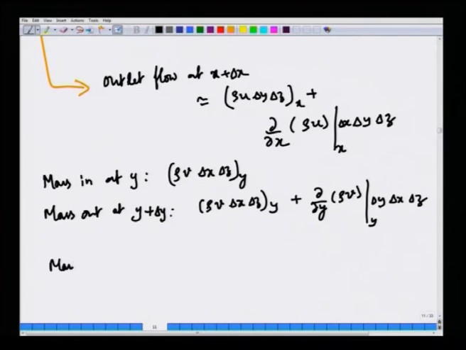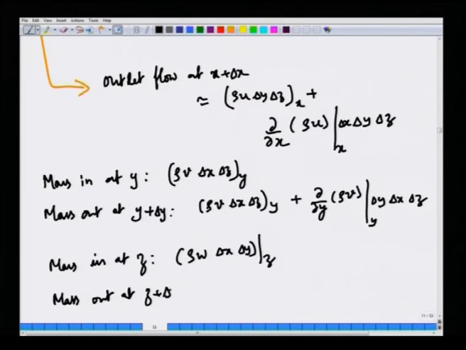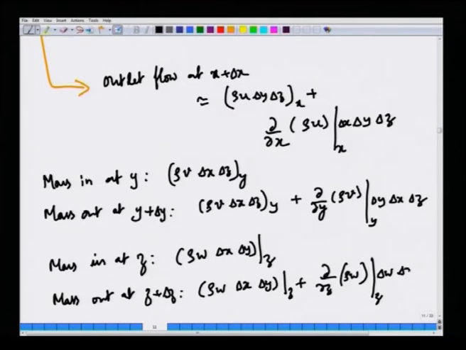Likewise mass in at the other phase at z is rho w delta x delta y at z, and mass out at z plus delta z is rho w delta x delta y at z plus d dz of rho w evaluated at z times delta z times delta x delta y.